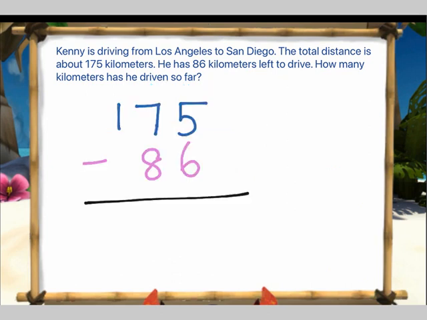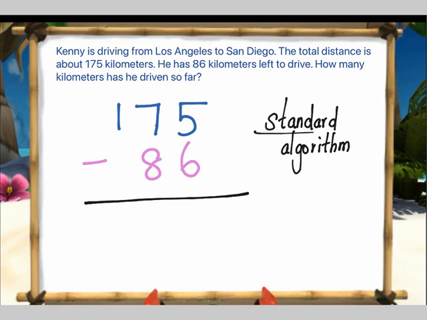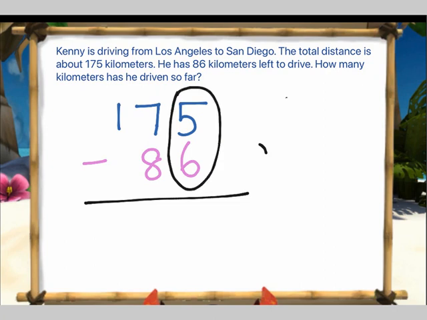Let us subtract 86 from 175 by standard algorithm. Standard algorithm is also the vertical subtraction method. Before we start to subtract, we have to make sure we have enough ones and enough tens to subtract from. So first let us subtract the first column. 5 is a smaller number than 6.